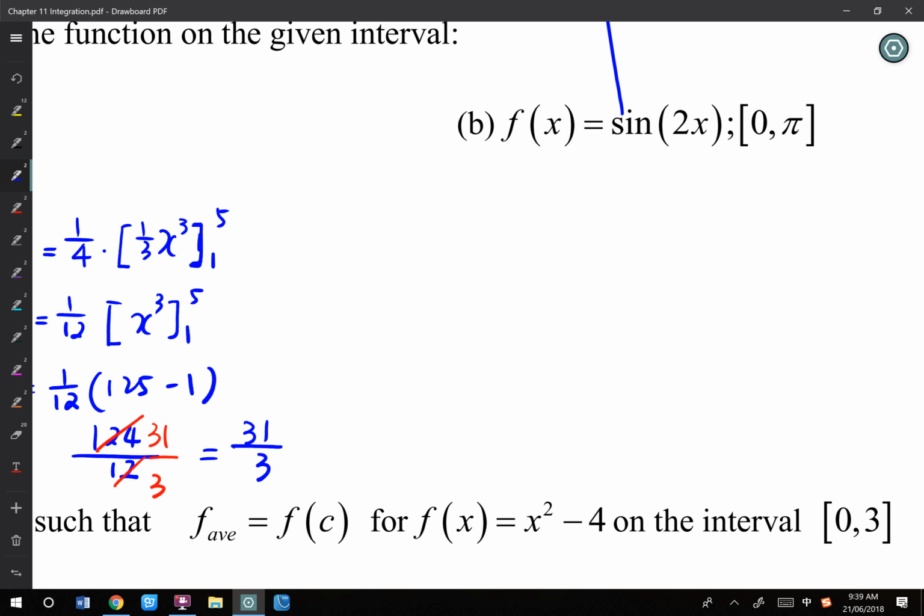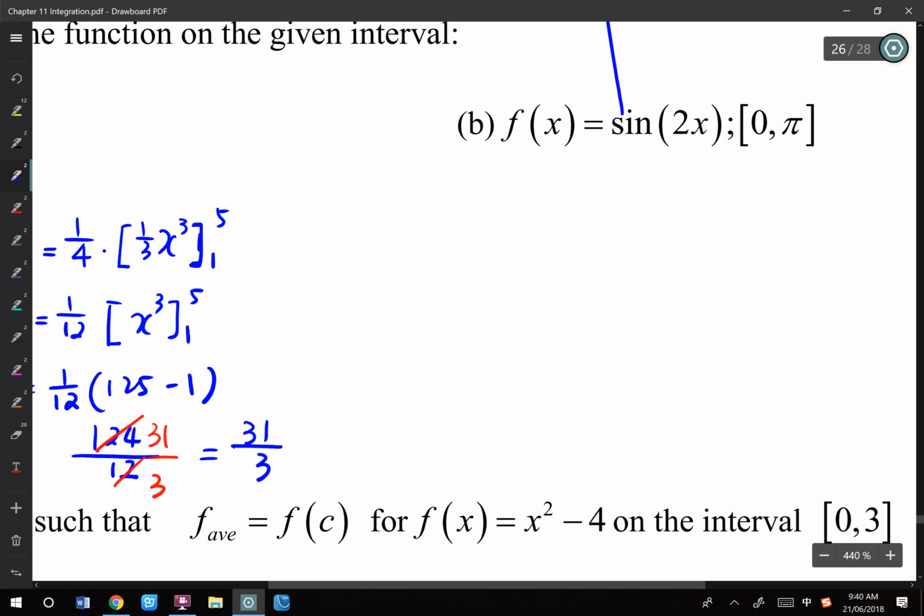Okay, if you think about f(x) equals sine 2x, in between 0 to pi. So it's pi minus 0 divided by that, and times the integral from 0 to pi of sine 2x dx.